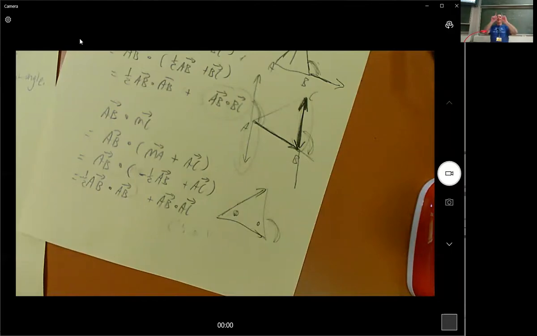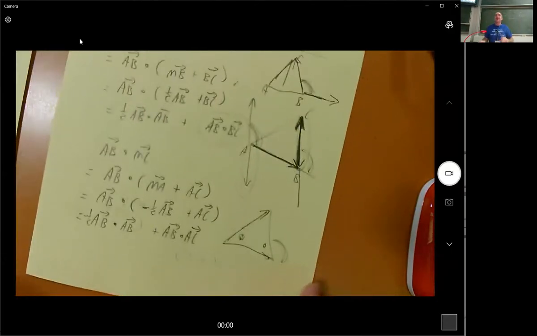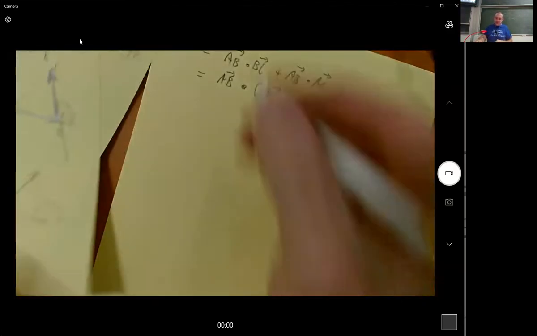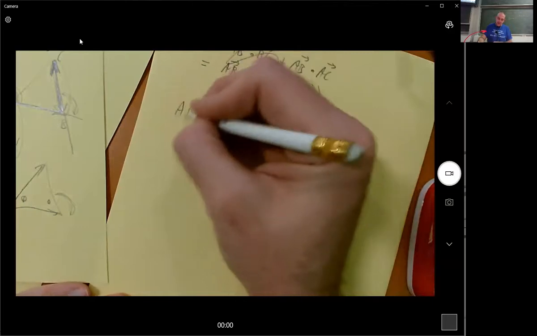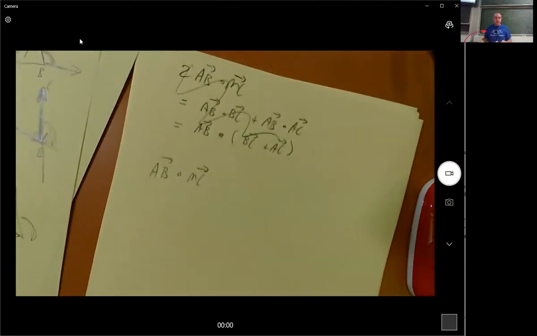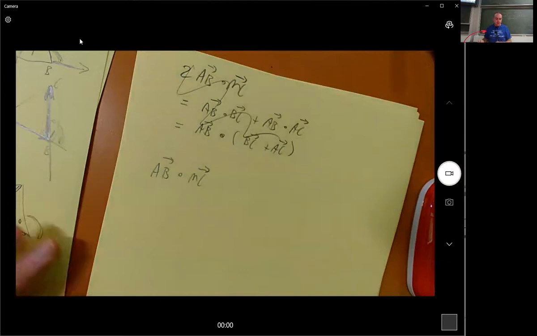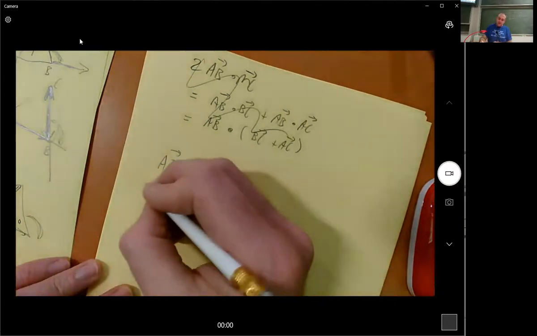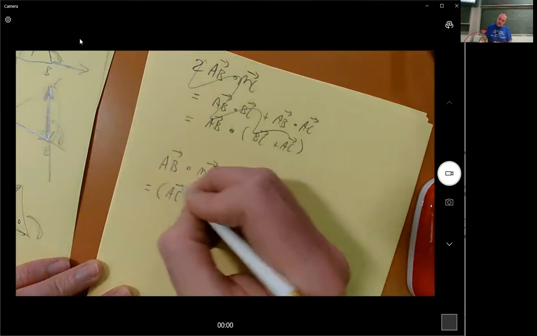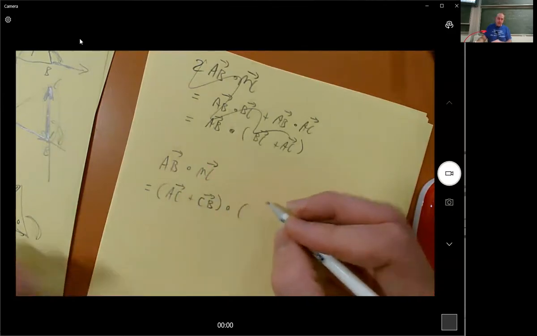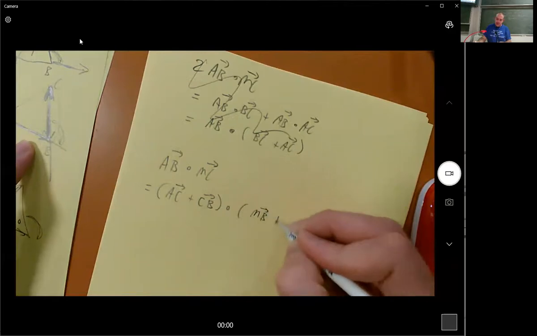Ah, I think I have it. So we're back here. Yes. So AB is the same as AC plus CB. And MC is MB plus BC.